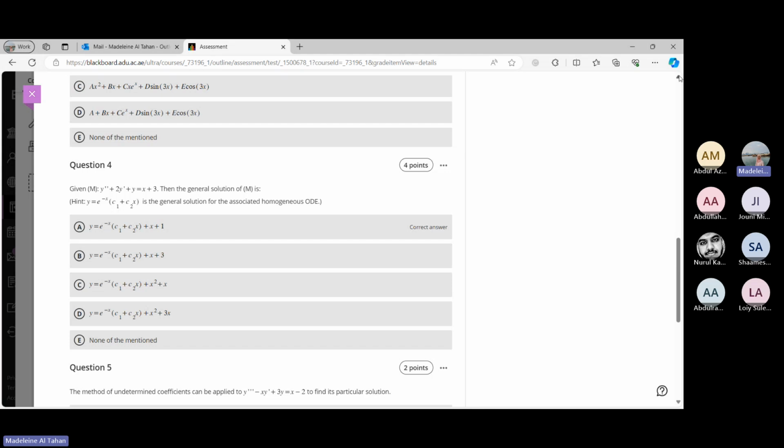After substituting, miss, we will get 2a plus ax plus b equal to x plus 3. Right, miss? So what will we get now? We will get a equal 1 and b equal to 1. So this is the particular solution, and already we are given the general solution of the homogeneous part. So it's y_h plus y_p. This one, did we solve it correctly?